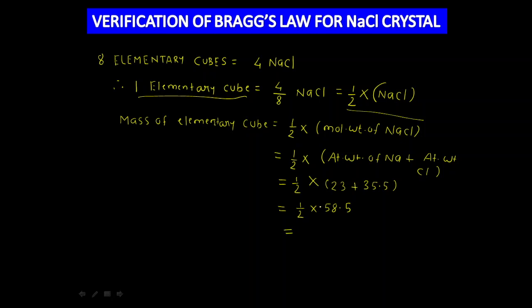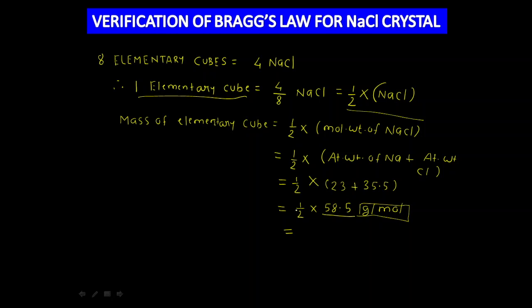58.5 is grams per mole because it is a molecular weight, and we will divide this by 2 after some time. Now first of all, listen: 58.5 is a molecular weight, that is 58.5 gram per mole.